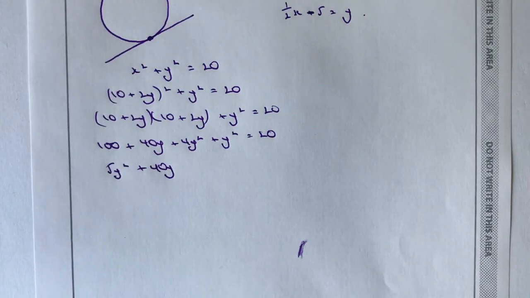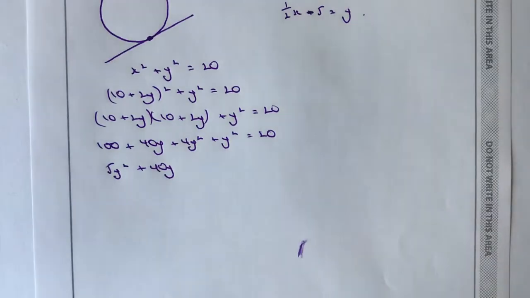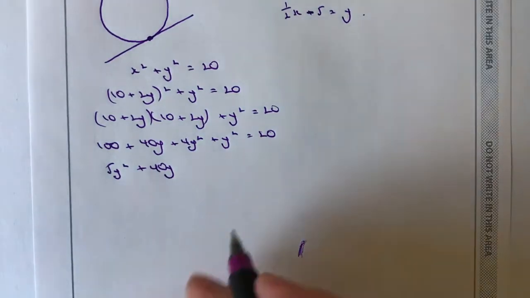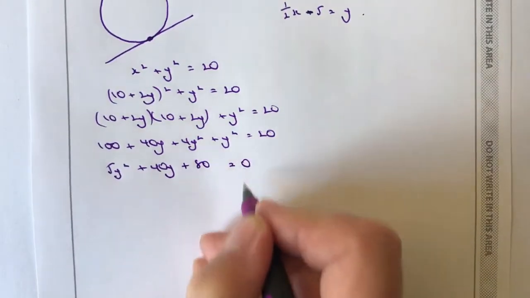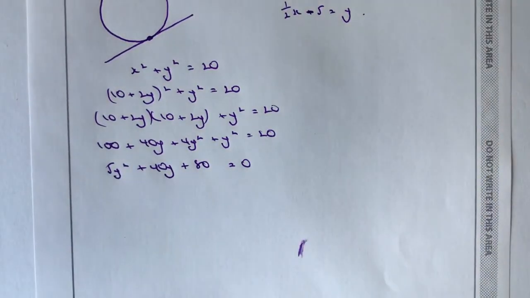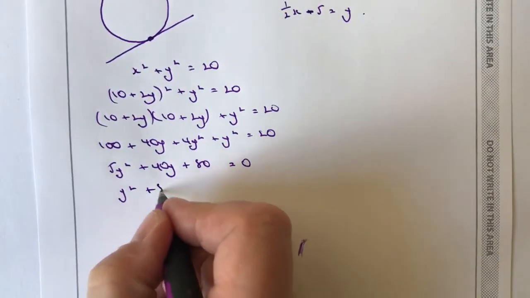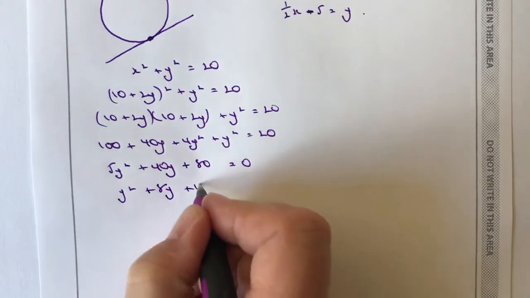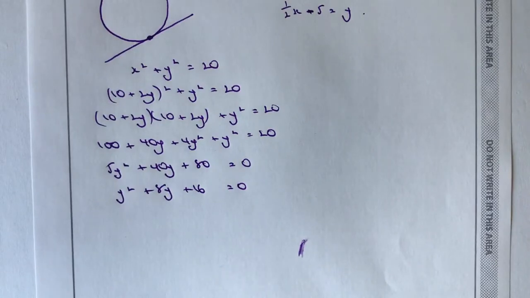And then I've got 100 on this side, but don't forget I need to make it equal to 0 in order to factorise it. So it's going to be minus 20, which gives plus 80, and that's going to equal 0. If I divide through now by 5, I'm going to get y squared plus 8y plus 16 equals 0. Now if you've got a little bit of experience with factorising equations, you might recognise that one.